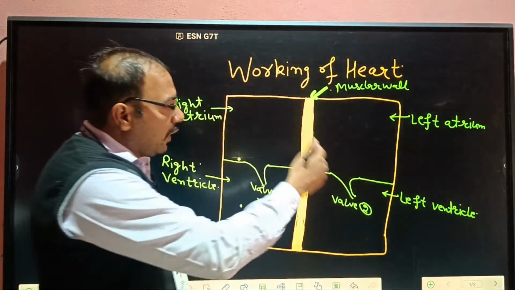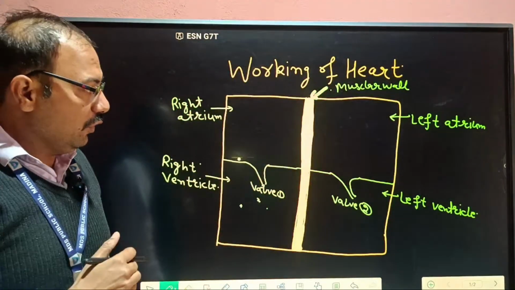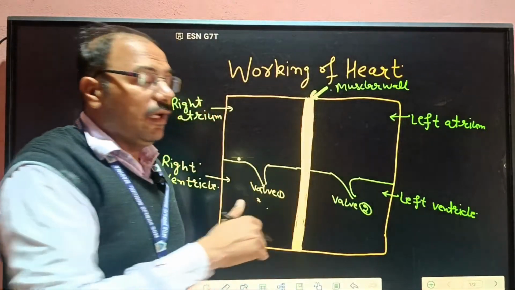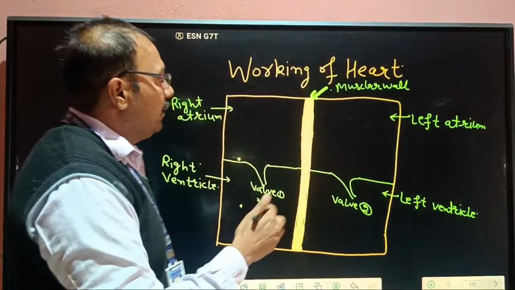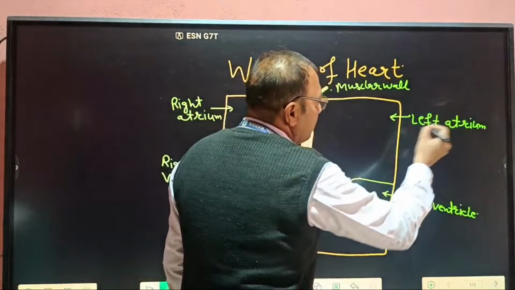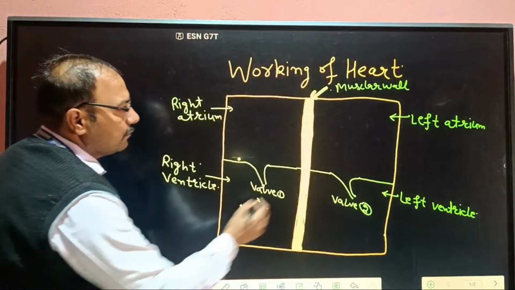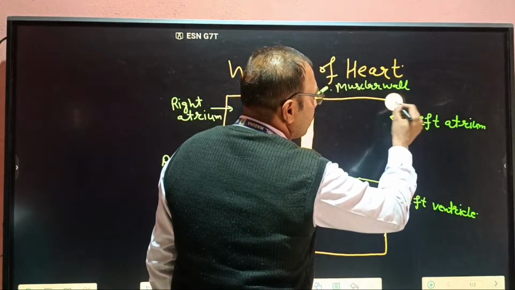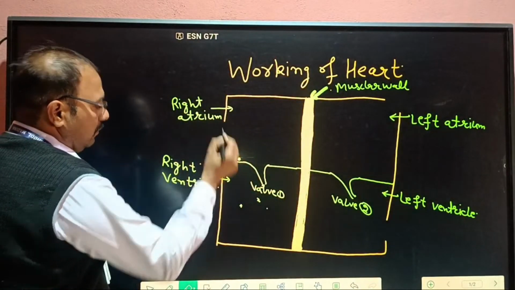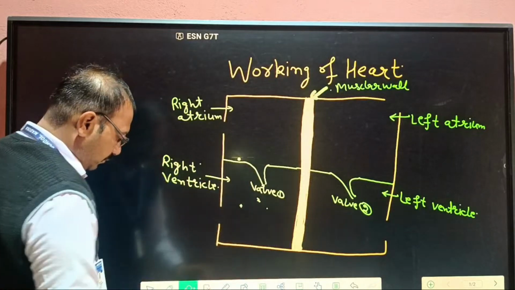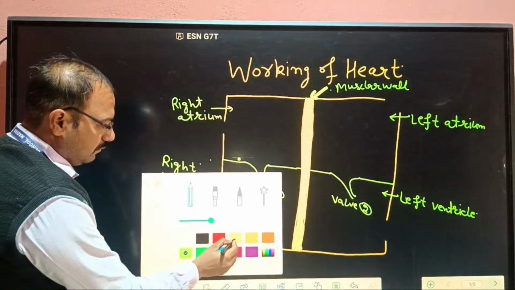So here there are two types of blood flow, one is pure blood and second is impure blood. Here we make arteries and veins, which carry blood.